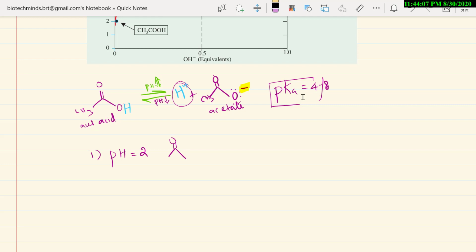Minus sign. Then this is negatively charged. At pKa 4.8, for the weak acid, this bears a negative sign. So it is a negatively charged acetate at pH 4.8. Now it is pH 2. What will happen at this pH?